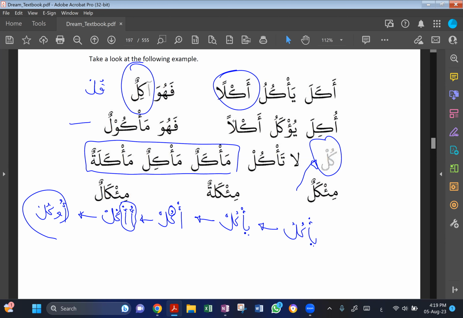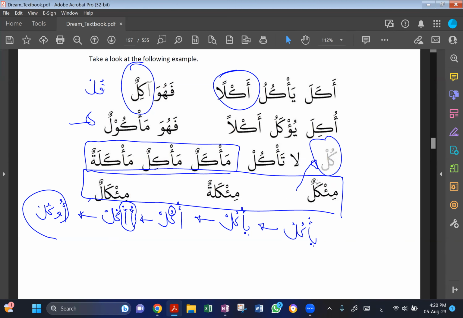So the isim maf'ul is ma'kulun, and down here, somebody was asking about ala. These are the different forms of ala. I have really drawn on this, but I hope it's still clear. So mi'kalun, mi'kalatun, mi'kalun. These are the three forms for the ala. You can just memorize one. You don't get a lot of tools, and the tools have different forms, like hasub is a completely different container; it doesn't follow this type of container.